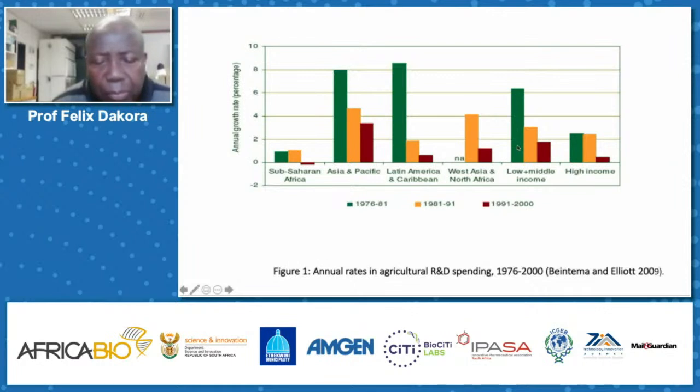Okay? The second, broader point to take home is that of all those graphs, Africa is the one that is the shortest. You can see that the rate of funding for agriculture has been very low compared to all the other regions. And the third point that's important to indicate is that there has been a general decline in R&D spending after 1981.